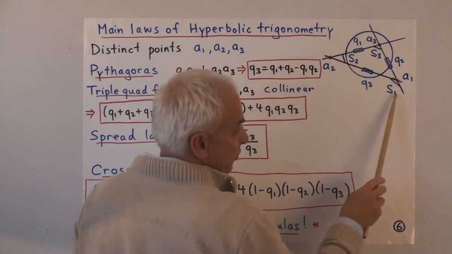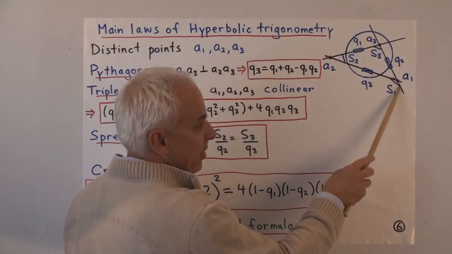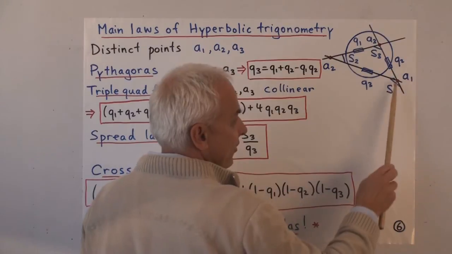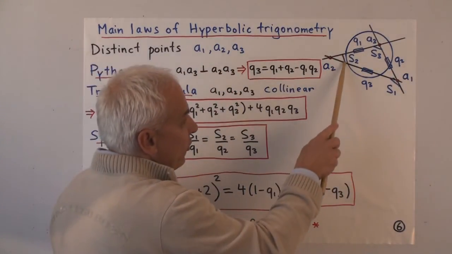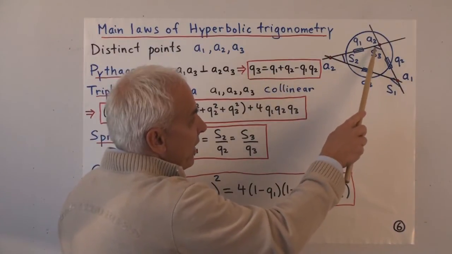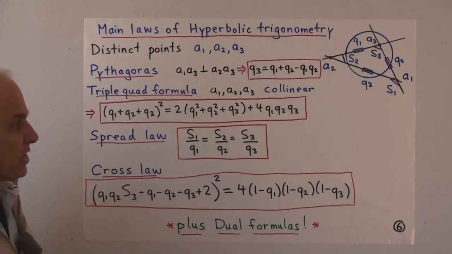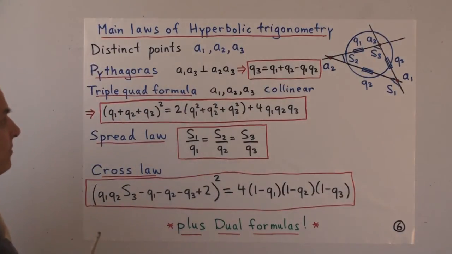And we can put that spread S1 wherever I want to. It's a little bit crowded in here, so I decided to put it here. But it still denotes the spread between this line and this line. That's the spread at the vertex A1. There's the spread S2 at A2 and the spread S3 at A3. So we have 6 numbers and we're interested in the relationship or relationships between those 6 numbers.